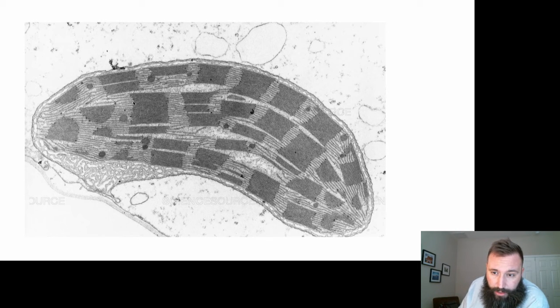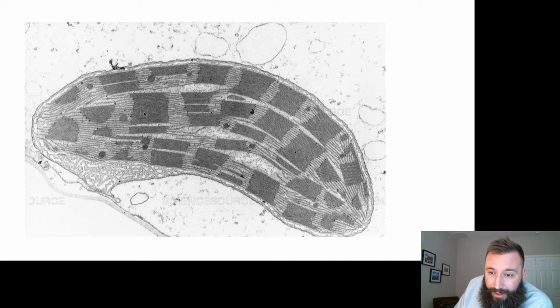It's found within these structures here. You can kind of look at them. They actually look like pancakes, I think of them as. They're called thylakoids. And stacks of thylakoids together make up this structure here called the grana. Or granum if there's one, and if there's more than one, then it's grana.